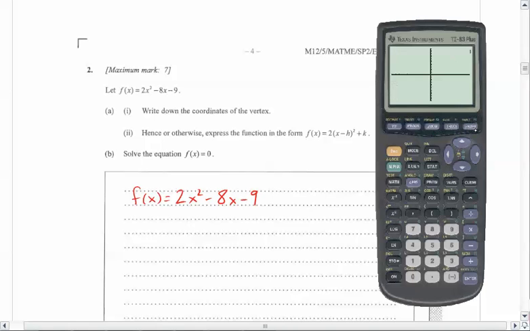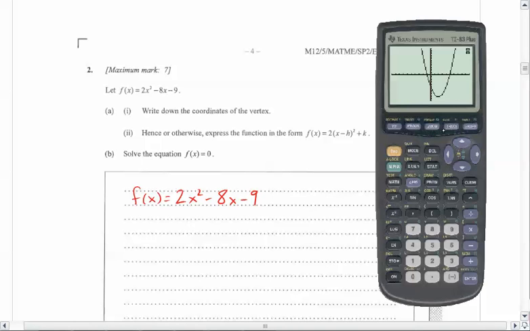I'll just take a look and see if I can find the minimum. Maybe go from negative 20 to 20. There it is.